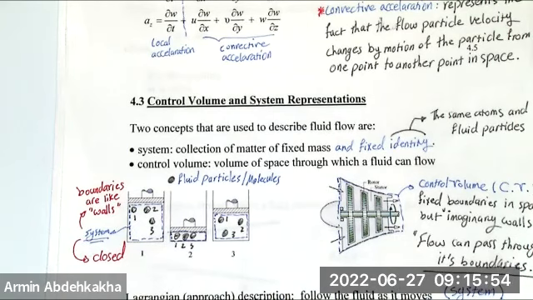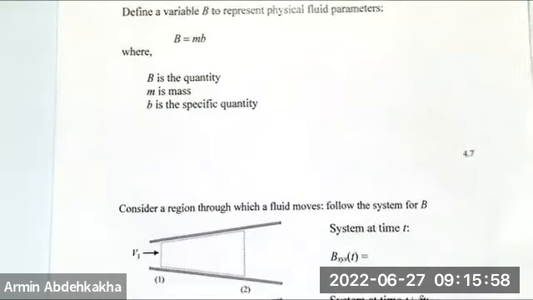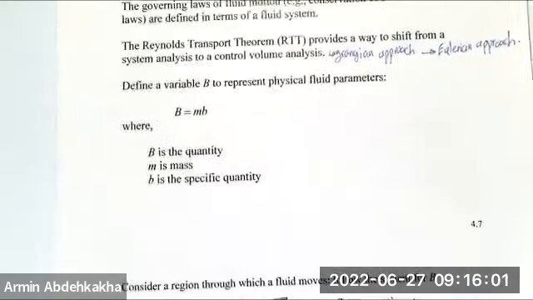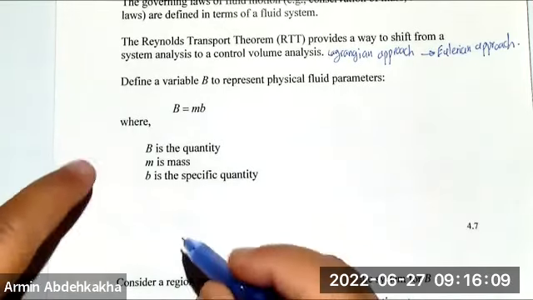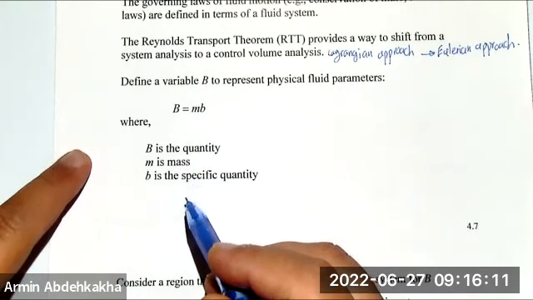So you first have to make a connection between the parameters. At first, you have to know how I can define a quantity as a specific quantity, one whose amount is not related to the mass.